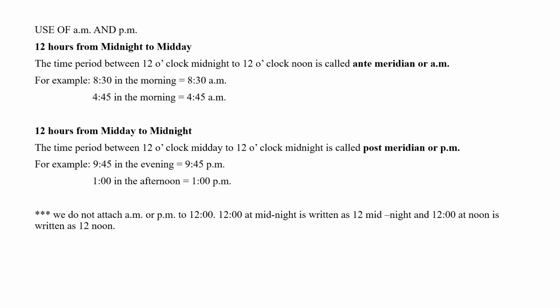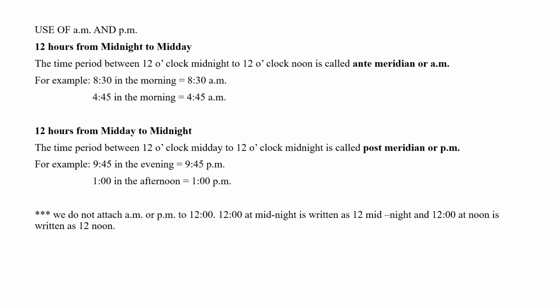Next, 12 hours from midday to midnight. The time period between 12 o'clock midday and 12 o'clock midnight is called the post meridian or PM. For example, 9:45 in the evening is 9:45 PM, and 1 in the afternoon is 1 PM. While writing the times between 12 o'clock midday and 12 o'clock midnight, we use the term PM.